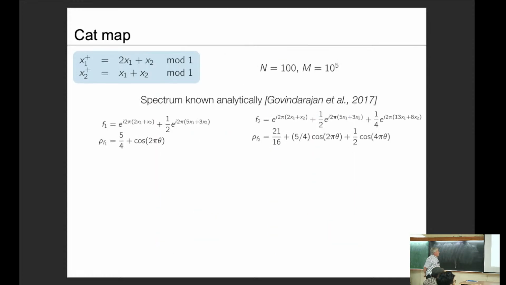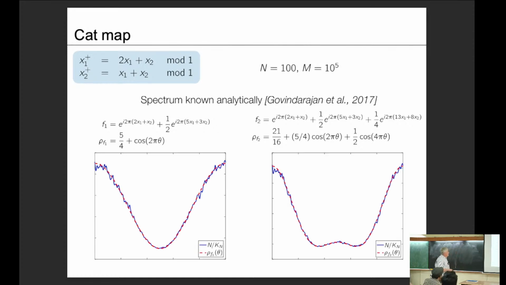Now, so far was a toy example. Now we turn into standard dynamical systems on the torus. This is a so-called cat map, and quite recently it was computed analytically, and our experiment shows precisely it matches the absolute continuous part.